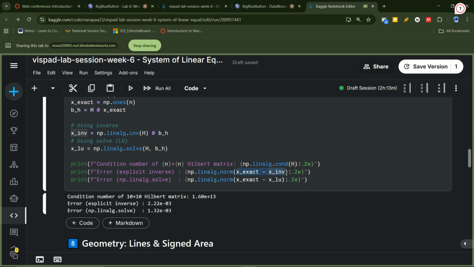X_exact is the np.ones we defined earlier, minus the inverse solution that we calculated. So it does X_exact, the one we've defined, minus your unknown.